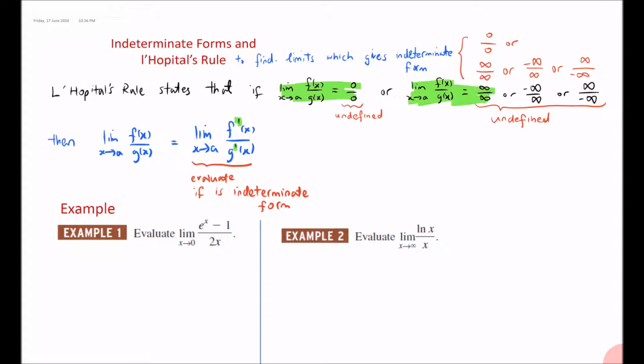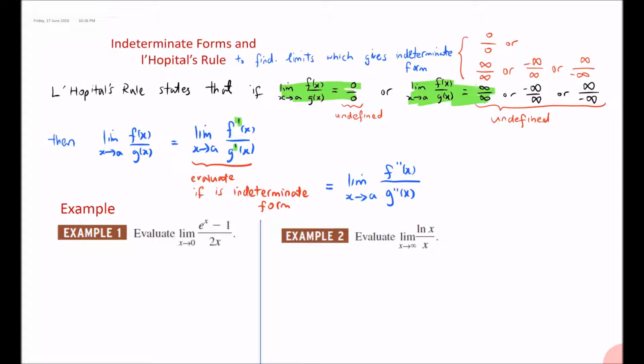So it equals the limit of f double prime over g double prime. Same thing, we continue to do the differentiation if the answer is still indeterminate.